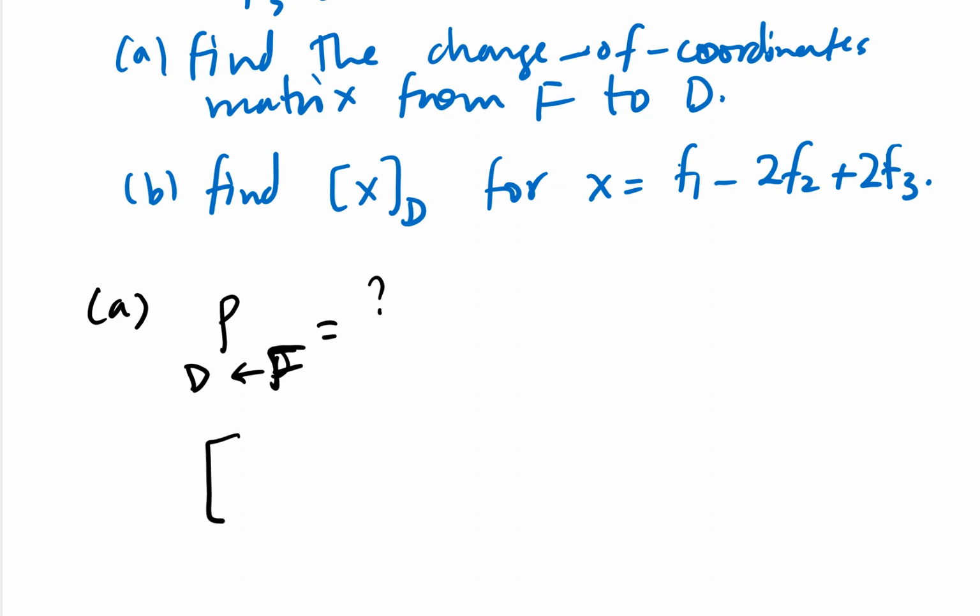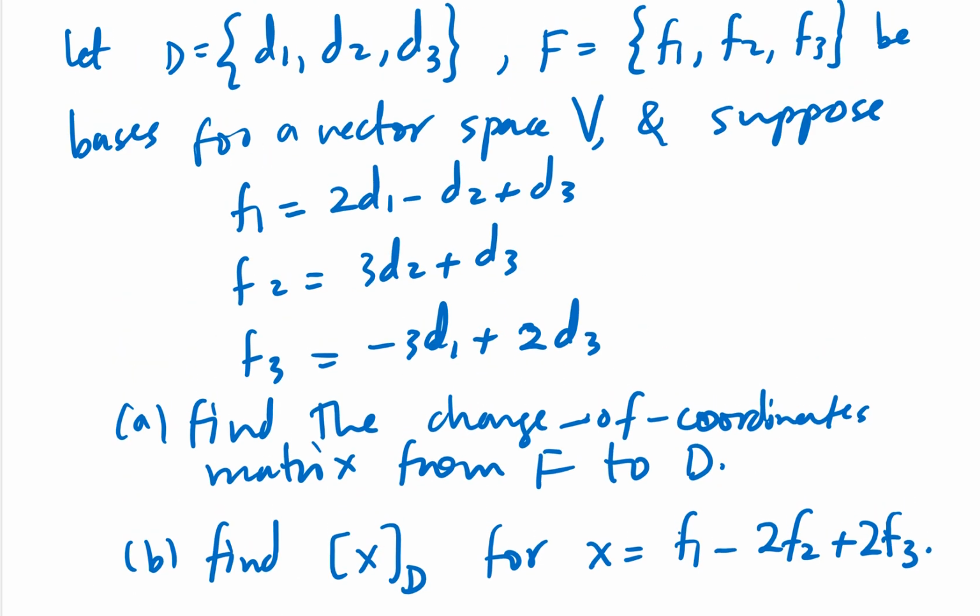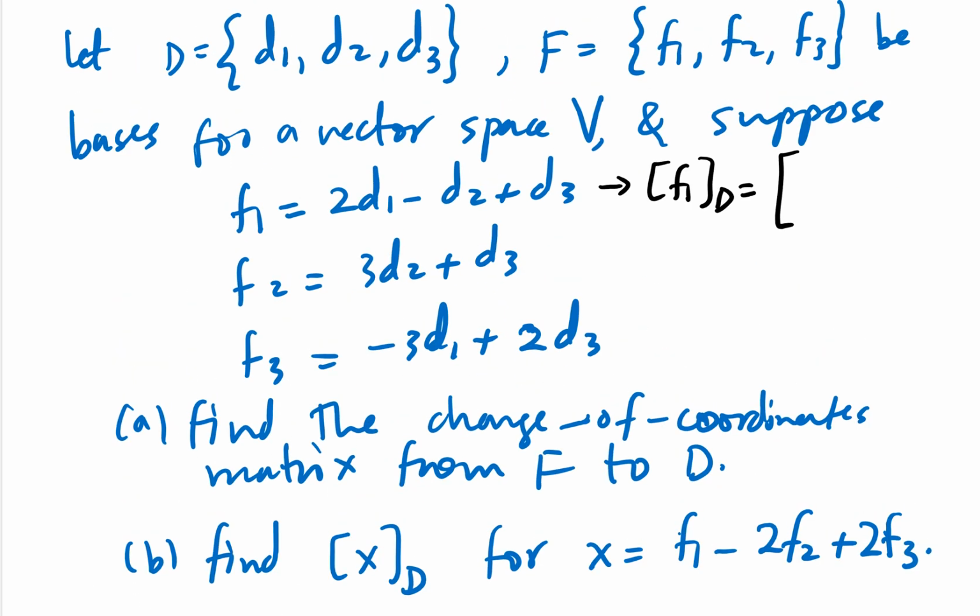We need to find F1 in the basis D, F2 in the basis D, F3 in the basis D. And to do that, if we go back up here, F1 in the basis D, it's the coefficients 2, -1, and 1. And we do the same thing for this one.